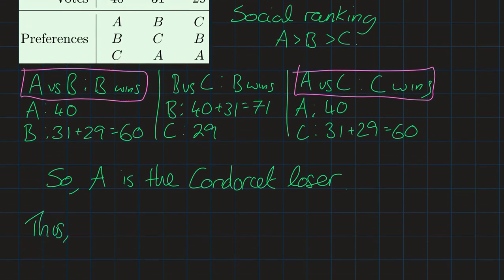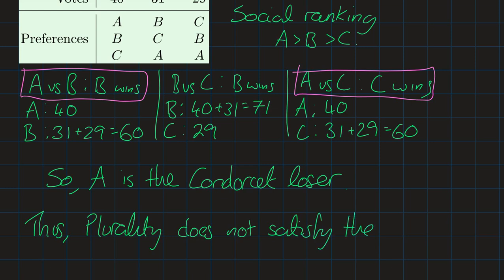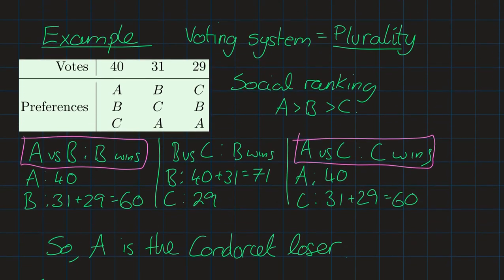This means that plurality does not satisfy the Condorcet loser criterion, and this example shows that.